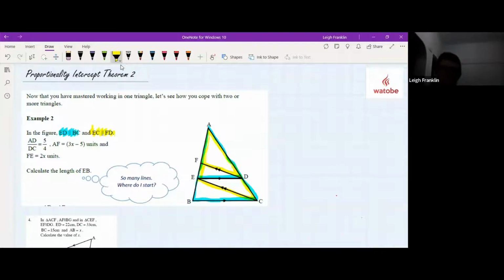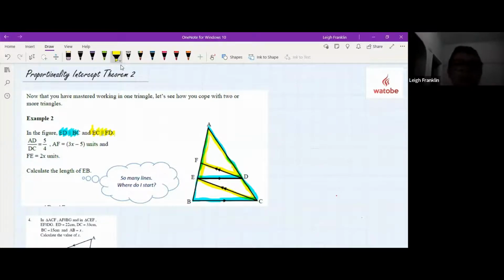All we can see is lines all over the place. Where do we start? But it's really not that bad once we've highlighted them and we can see which triangles we're allowed to work in. So we can apply the proportionality intercept theorem to triangle ABC because ED is parallel to BC. And we can apply it to triangle AEC because FD is parallel to EC.